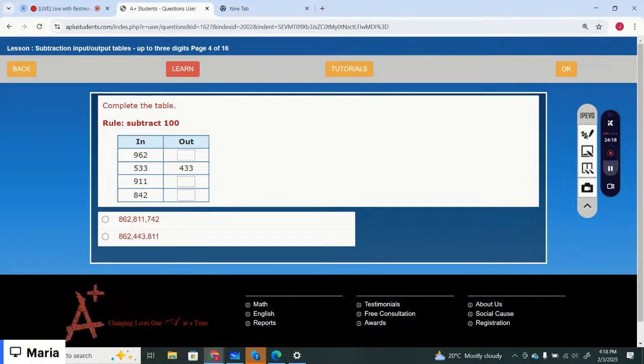Complete the table. You have to subtract 100. So which is the correct option?